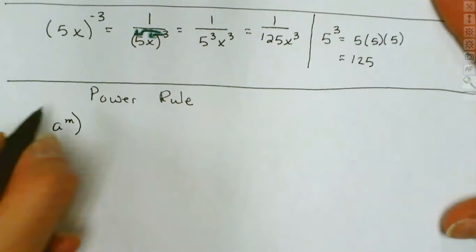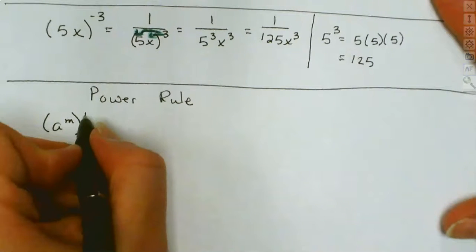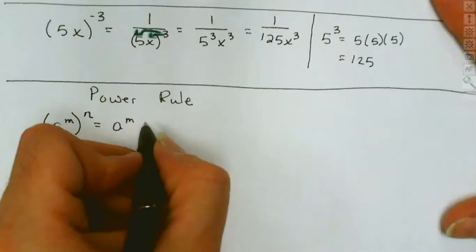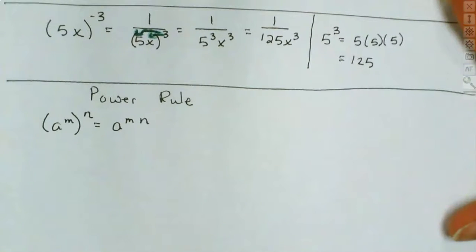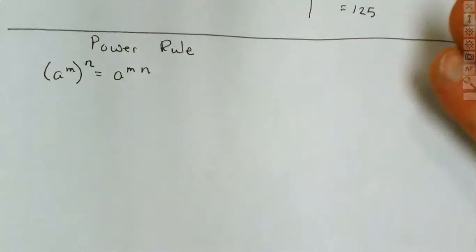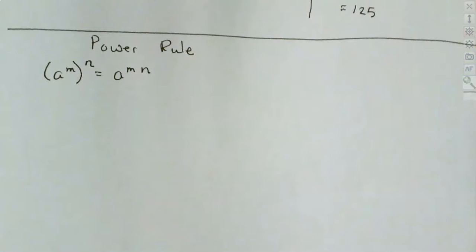A to the m to the nth power is a to the m times nth power. So that means when we distribute through, the exponents multiply because of the parentheses. Think about distributing with parentheses. If there's a 5 in front, what do you do? You distribute it through. Okay, same process here.